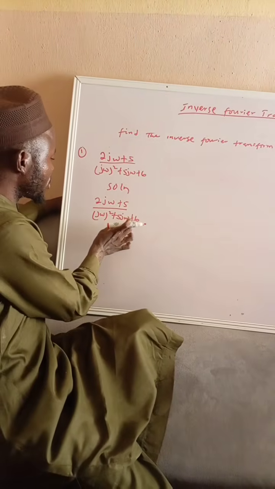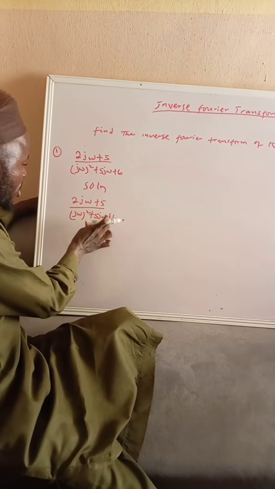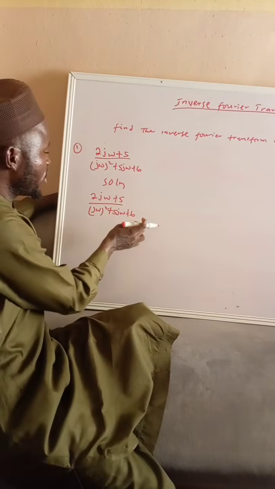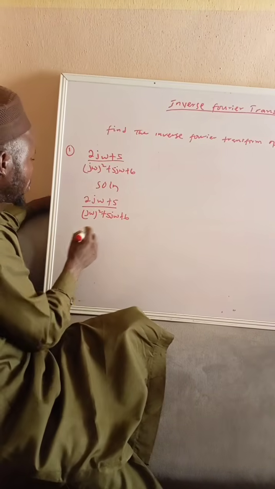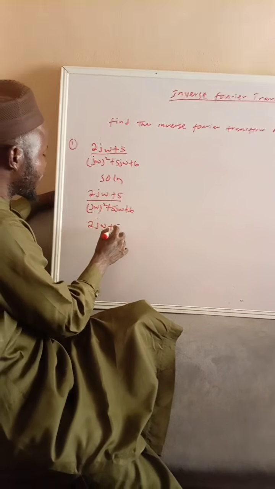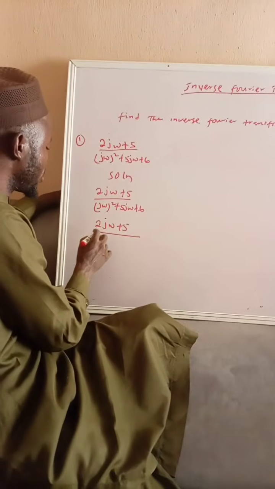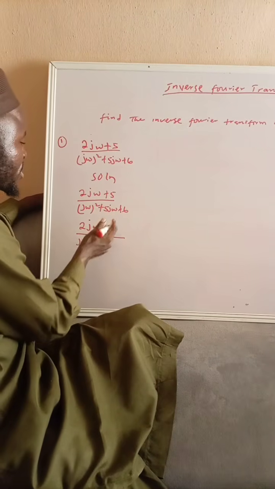We have to find two numbers which, when we add them, will give us 5jω, and when we multiply them, will give us 6. These two numbers will be 2 and 3.